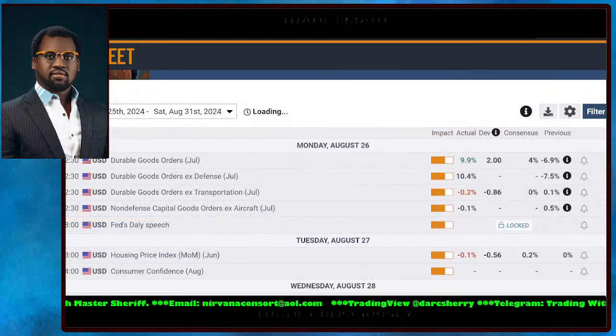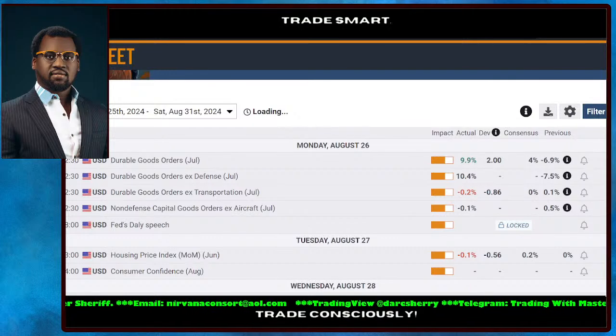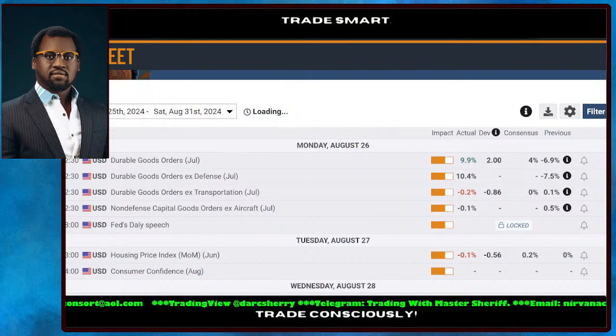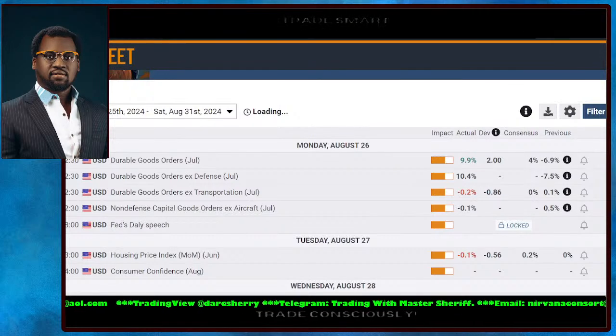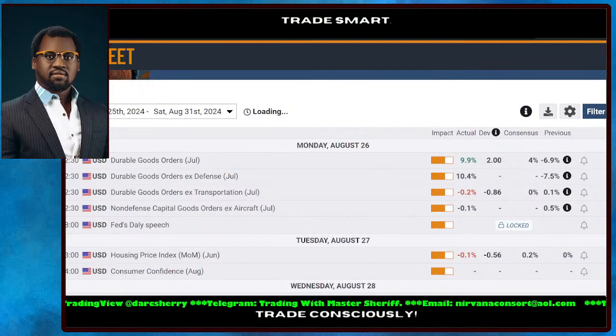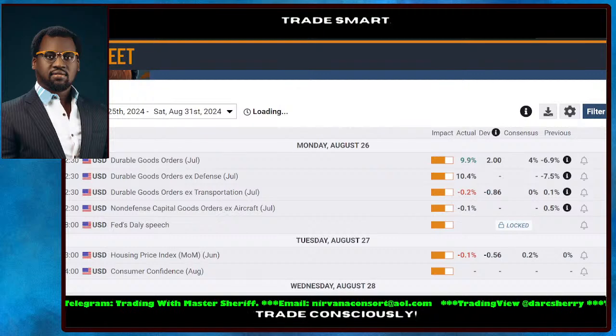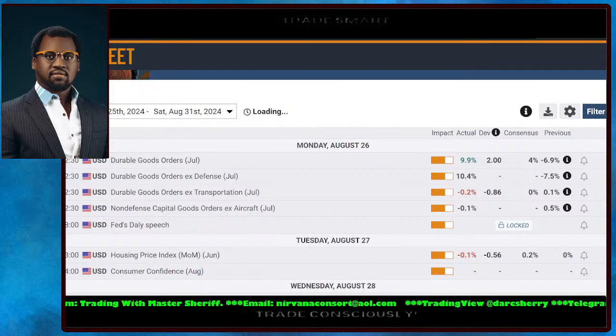By checking the economic calendar, we tend to identify potential correlations between key economic releases and specific technical patterns on the chart, giving us valuable information and better timing to position ourselves so that we can capitalize on any potential move prior to, during, and even after these economic events.